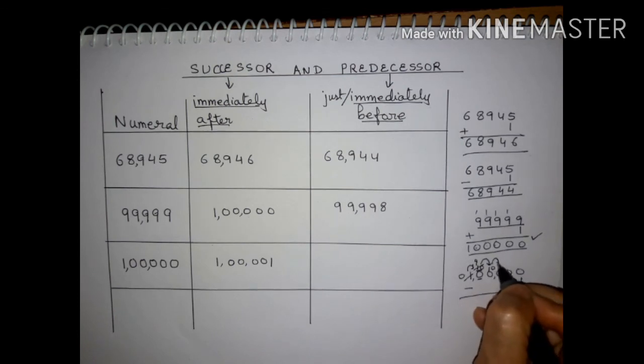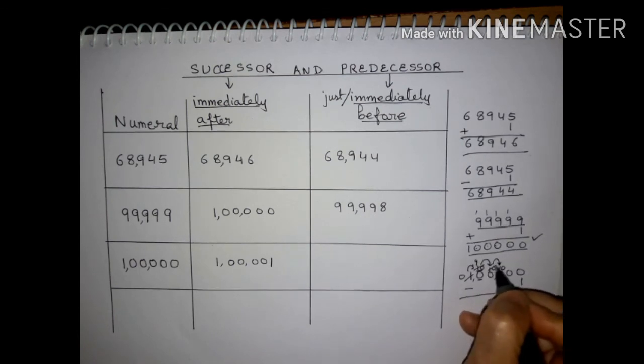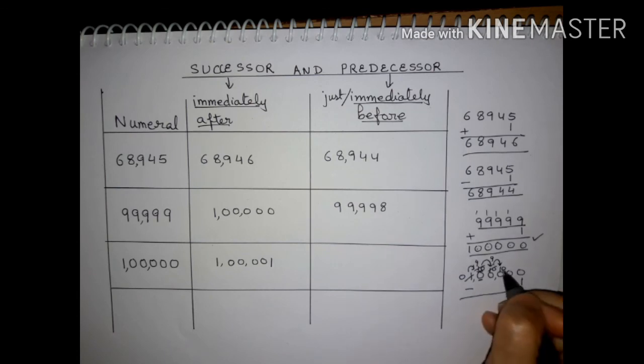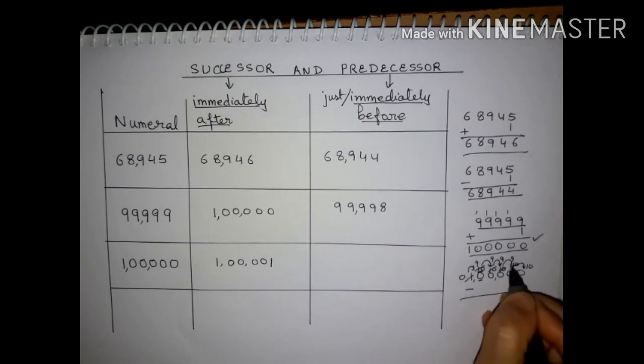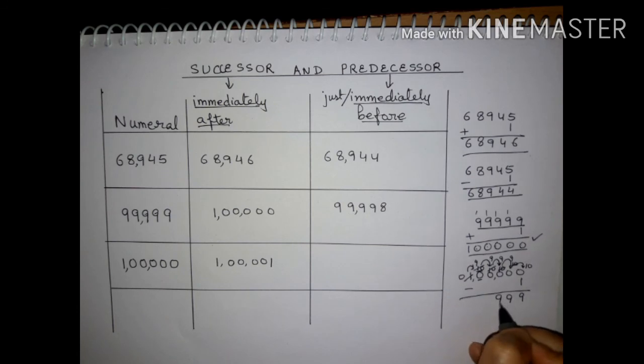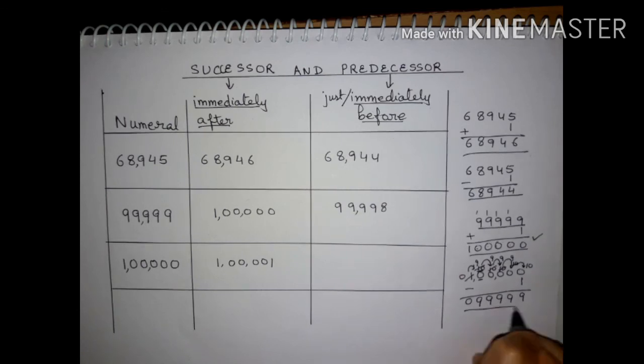Now this will give, this will become 10, this will become 9. This repeats, and now this becomes 10 and this 0 will become 9. Now 10 minus 1 will be 9. This will be 9, this will be 9, this is also 9, this is also 9 and this was 0.